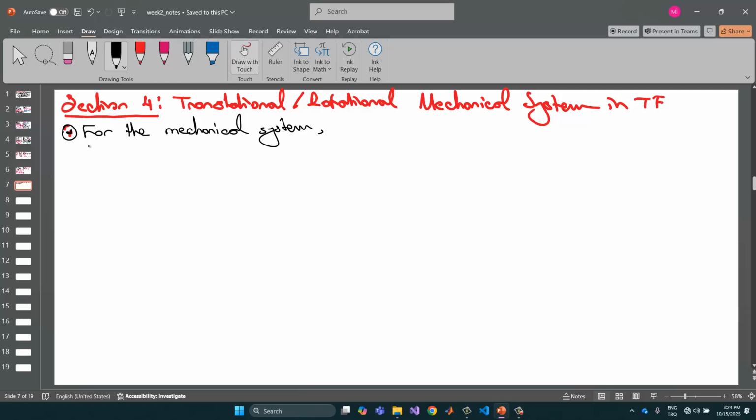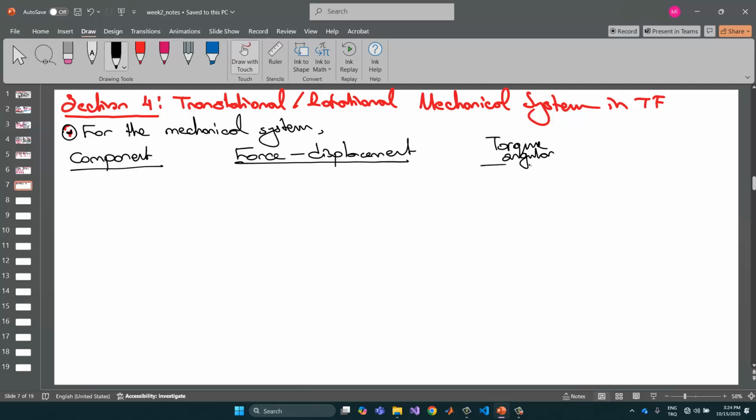Just like the previous one, we have the component, the relation of force and displacement, and we have the torque, angular, and also the impedance, guys, okay?